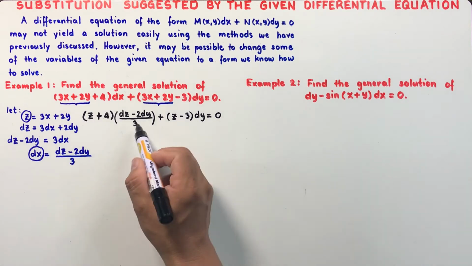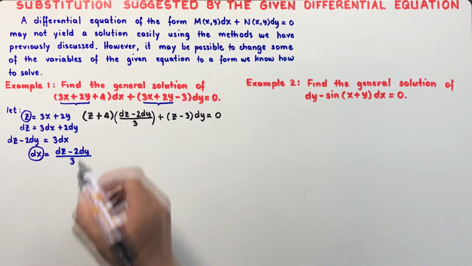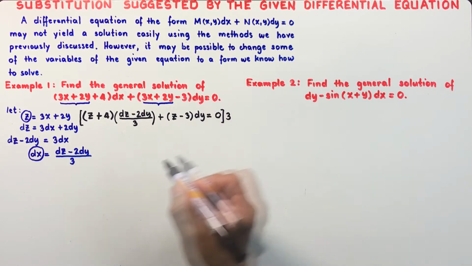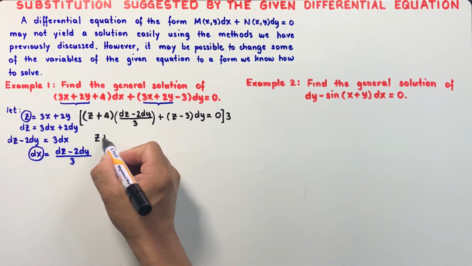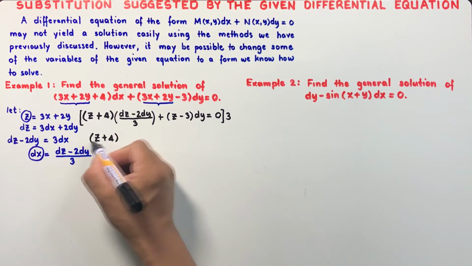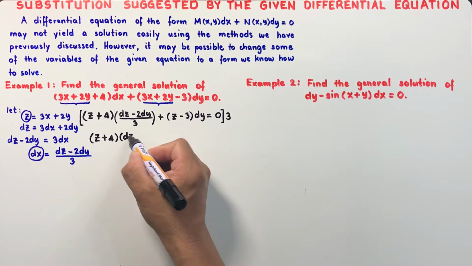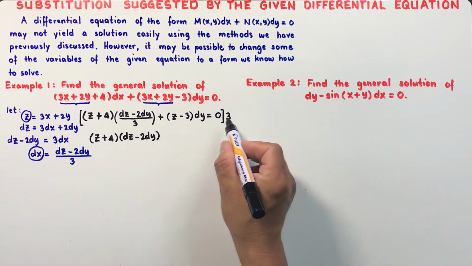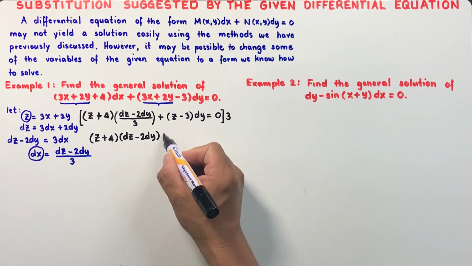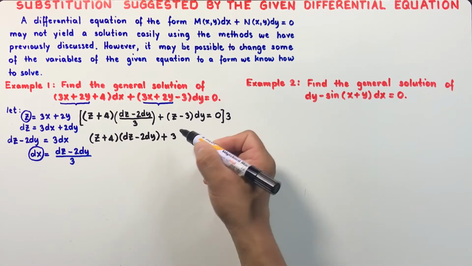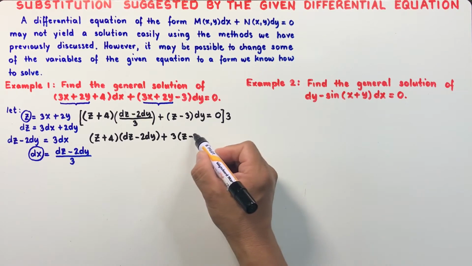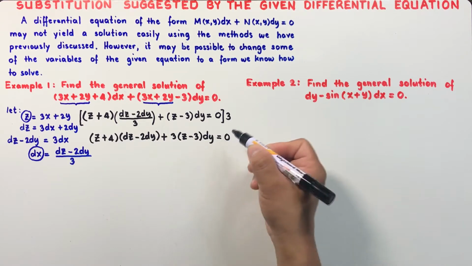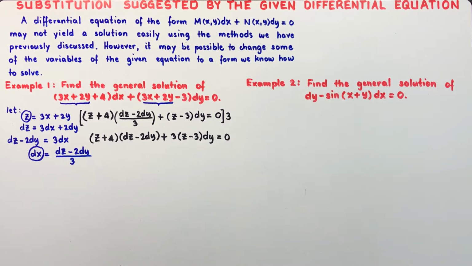To eliminate this denominator of 3, let us multiply both sides of the equation by 3. So we have (z plus 4) times the quantity (dz minus 2 dy), because the denominator is cancelled by this 3, added to 3 times (z minus 3) dy, which is equal to 0, because 0 times 3 is 0.